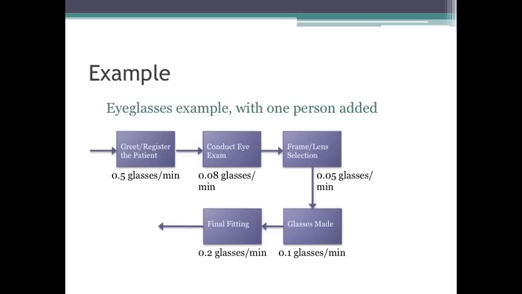So, we've added one person to our process. We have a new throughput rate for our conduct eye exam step. So, what's the new bottleneck? How fast can this process go?